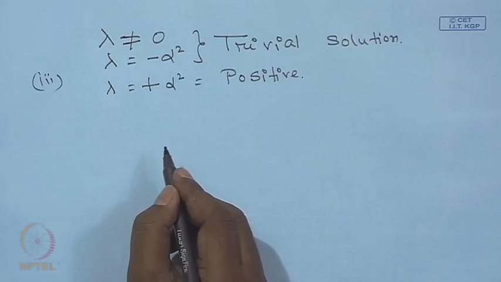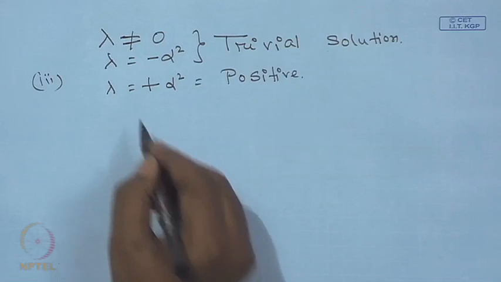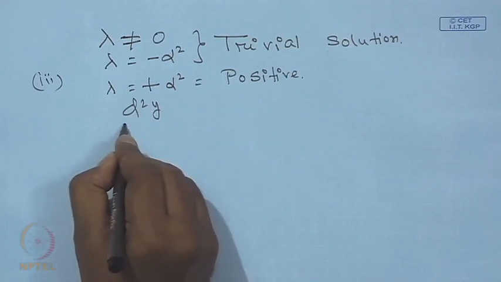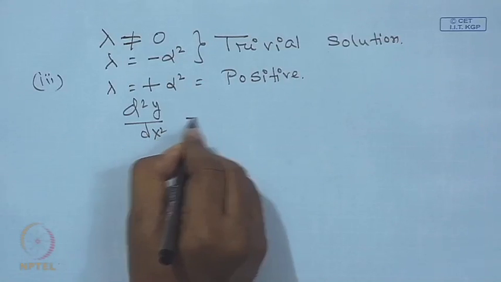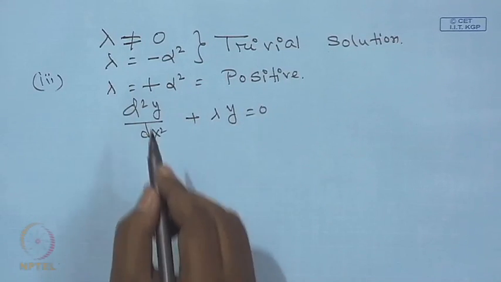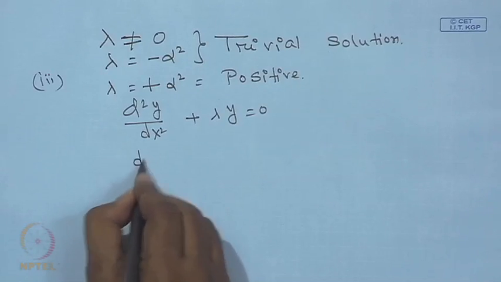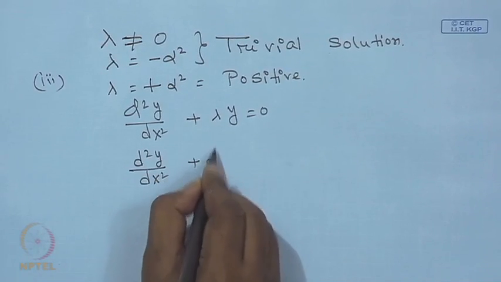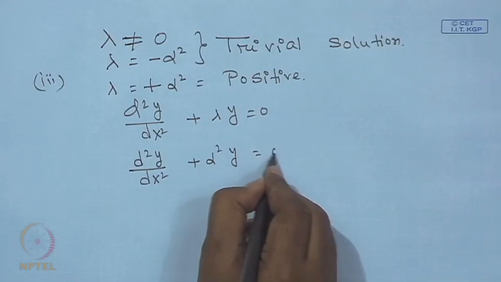Okay, so let us again look into the solution. d square y dx square plus lambda y is equal to 0. So, put lambda is equal to alpha square. You will be getting d square y dx square plus alpha square y is equal to 0.